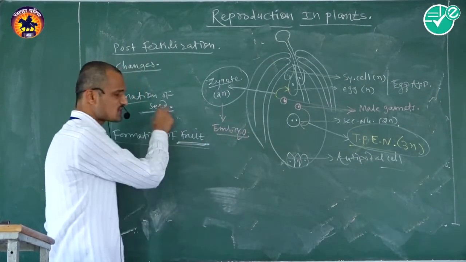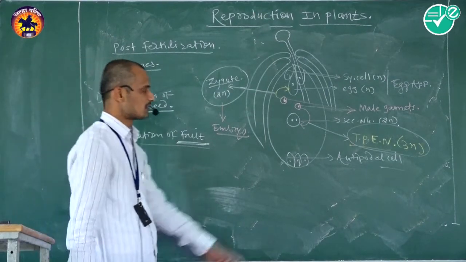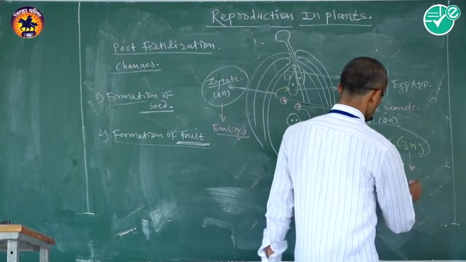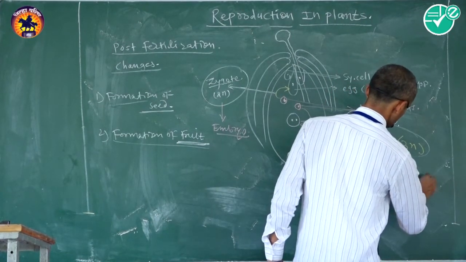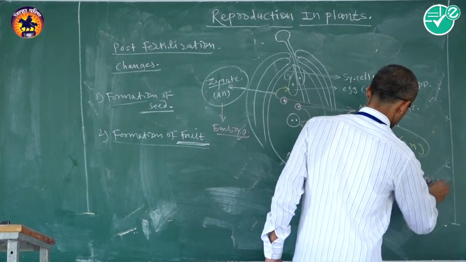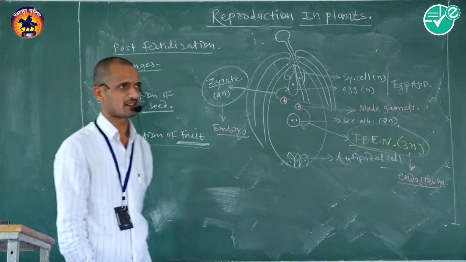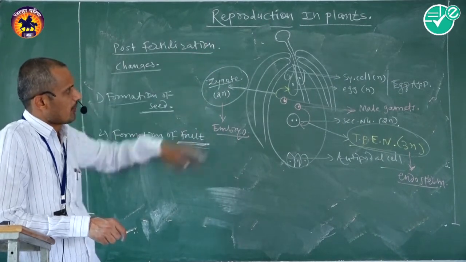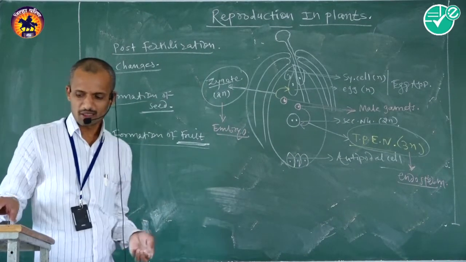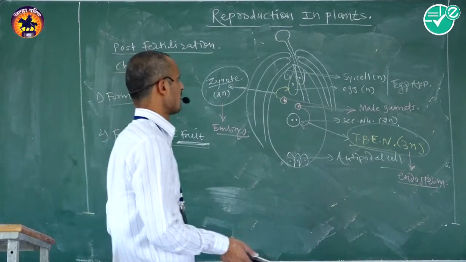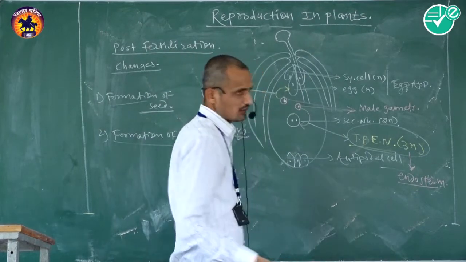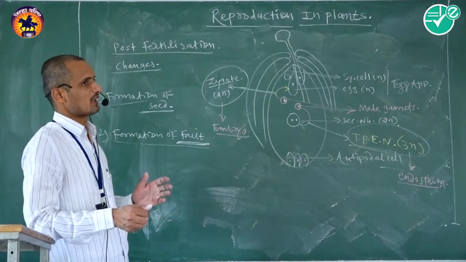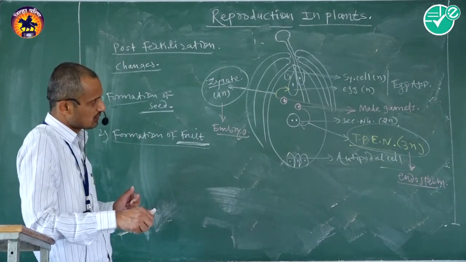Embryo is a part of seed. The TPN divides and redivides by mitosis to form endosperm. Endosperm and embryo are the parts of seed. After the post fertilization changes, the total ovule converts into seed and the total ovary converts into fruit.